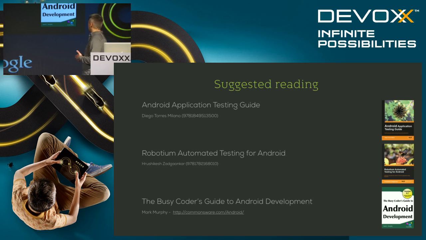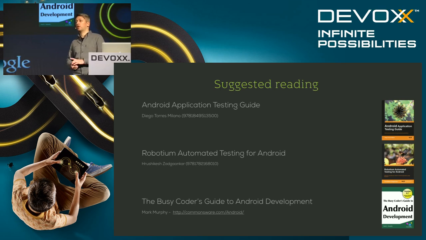The Busy Coder's Guide to Android Development is more than 2,000 pages, but it has some good chapters on testing too. But I think the bad news is that Android testing is still about searching blogs, searching presentations, searching videos from conferences and so on. It's very well possible, better and better documentation is showing up, but you will need to do a little effort, I would say.